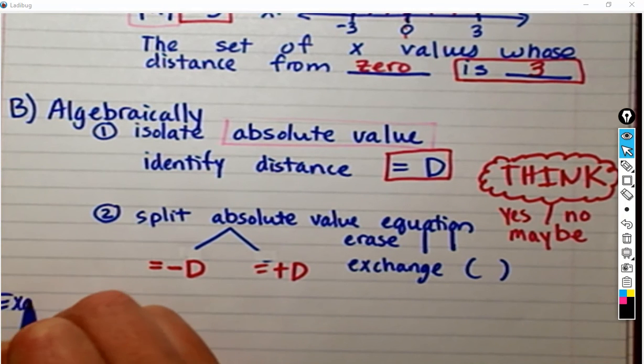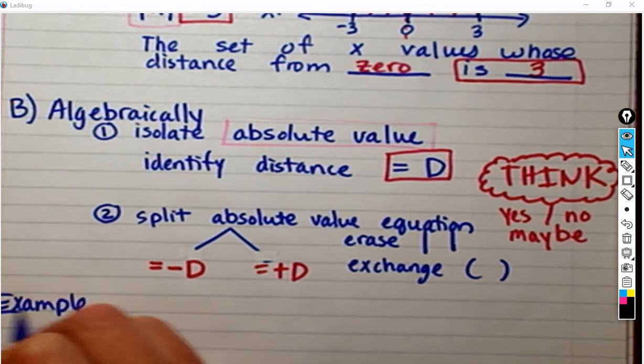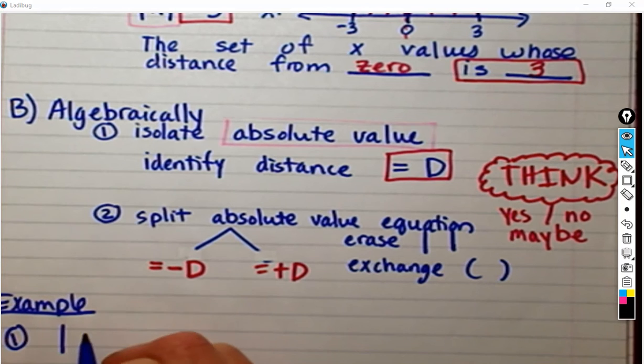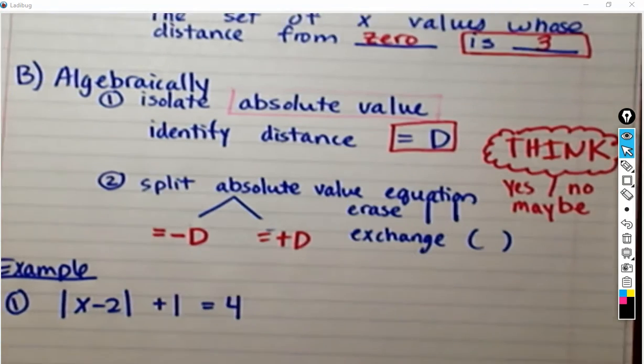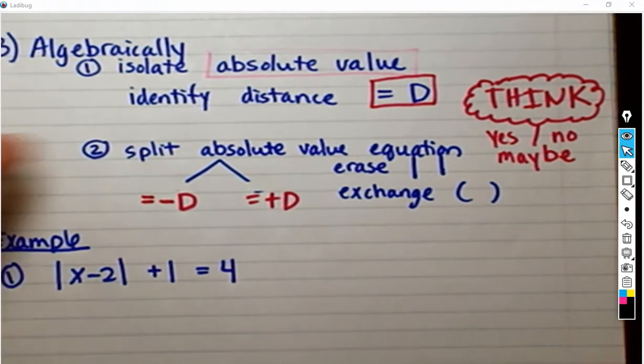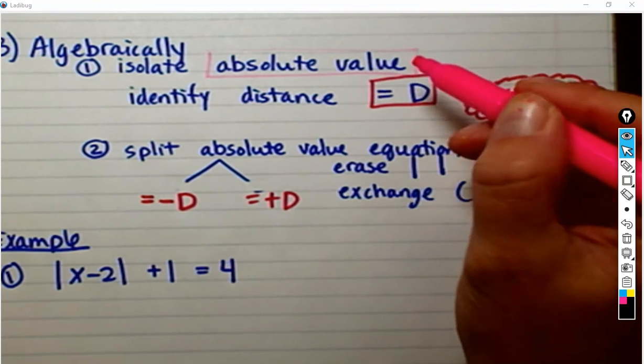Examples. All right, there's our first example. I'm going to keep my steps here. Isolate absolute value.